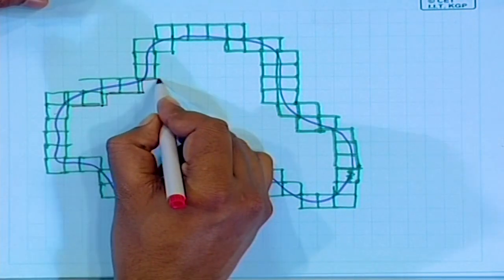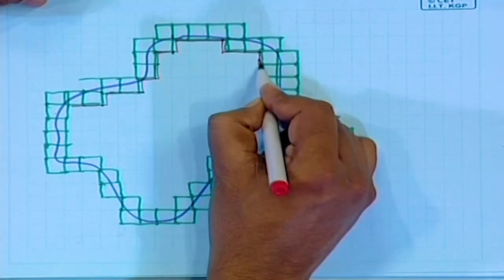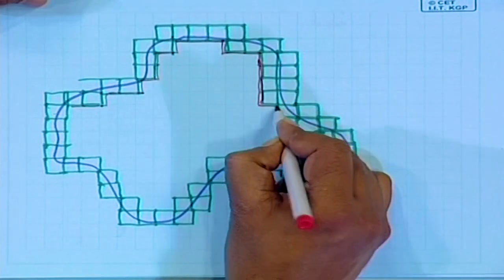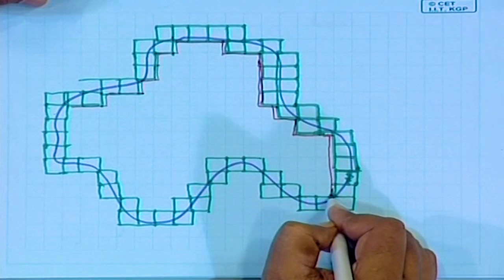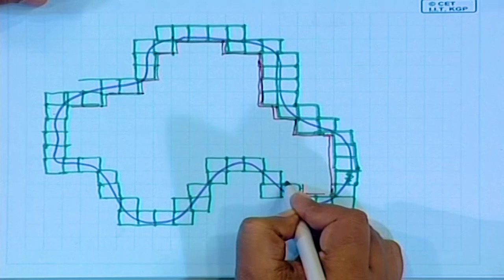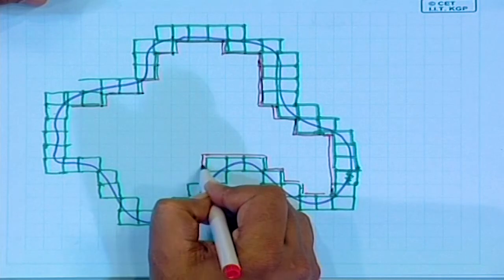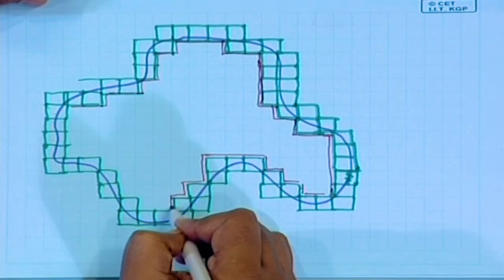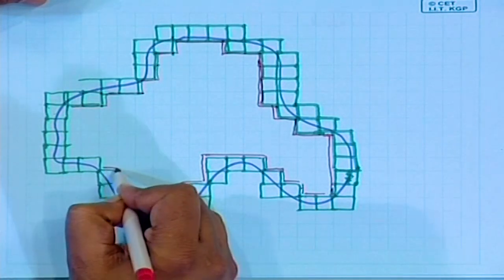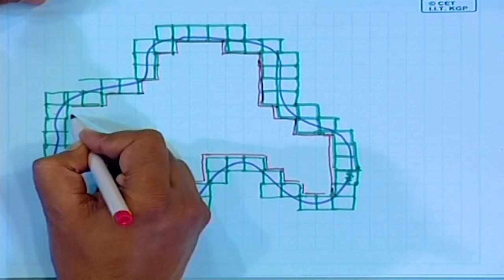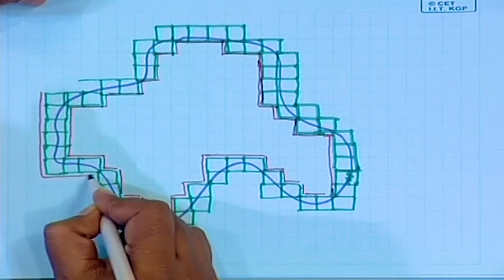This is the inner boundary, and this one is the outer boundary, or inner wall and outer wall.